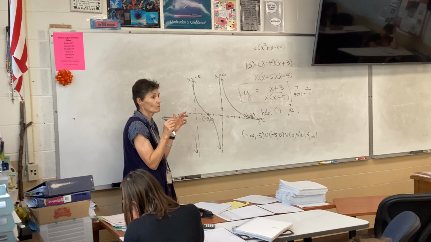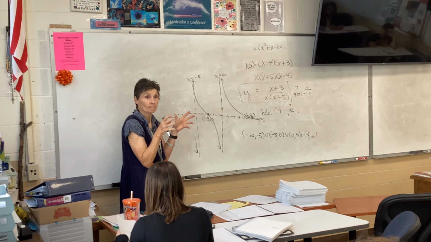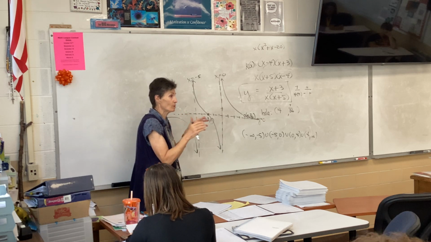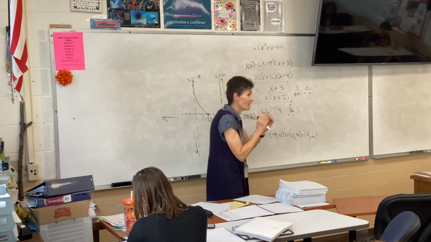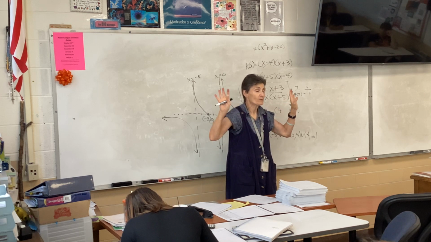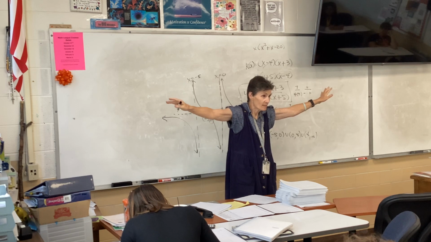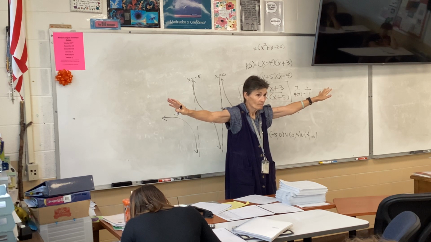Horizontal asymptotes are what? They're limits. End behavior asymptotes. And what does it mean when we talk about end behavior? We talk about the limit as x approaches infinity or negative infinity, right?